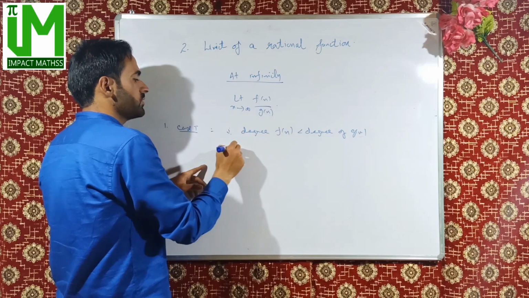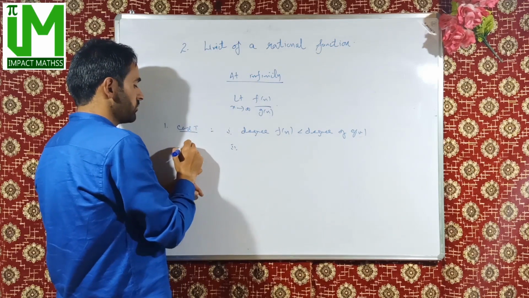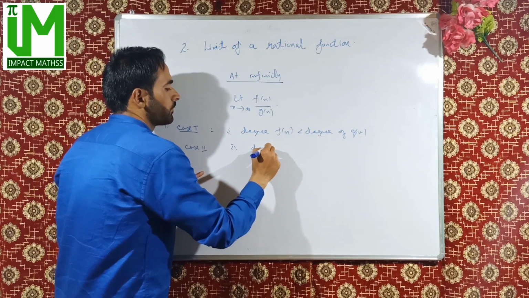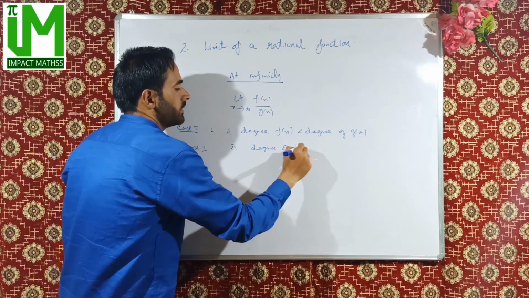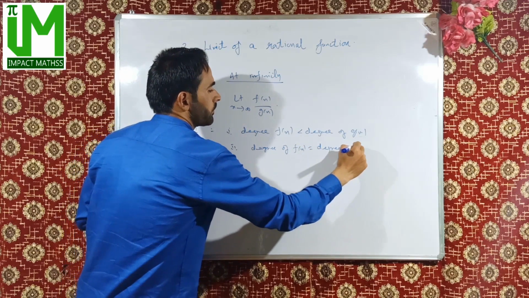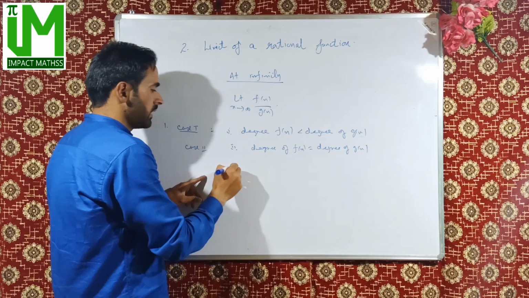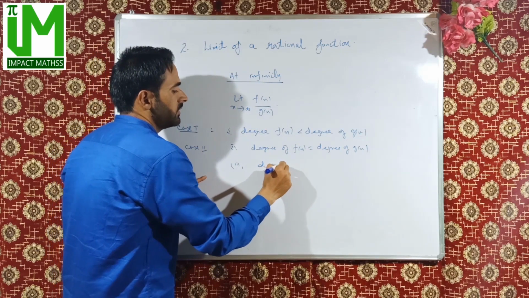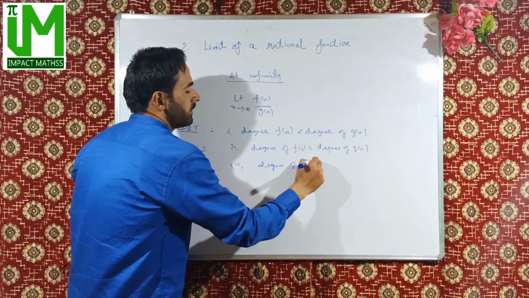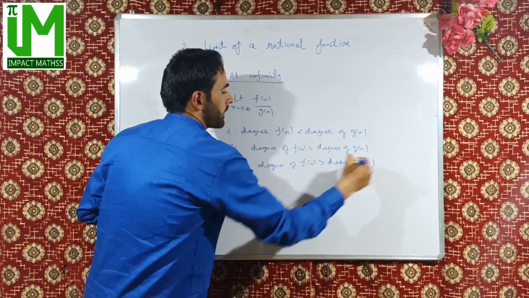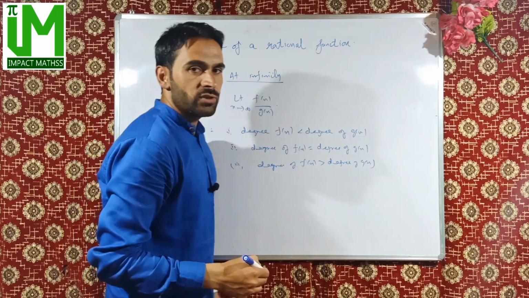Case second, if degree of f(x) equals degree of g(x). And in third case we can have degree of f(x) is greater than degree of g(x). So ये तीनों cases exist कर सकते हैं.